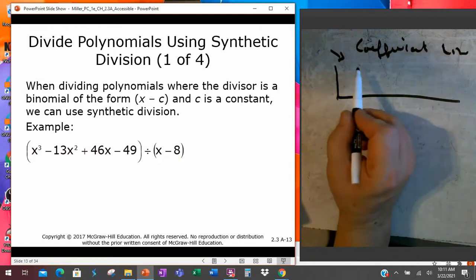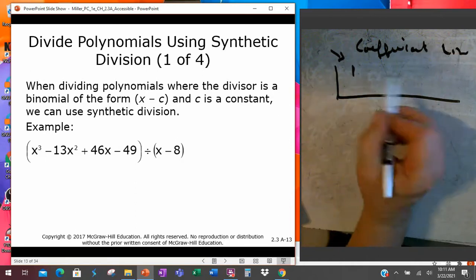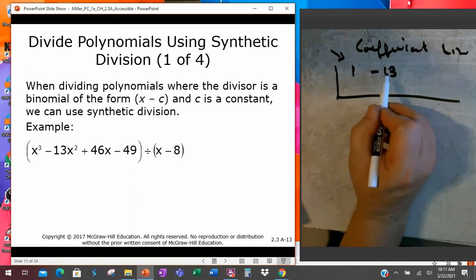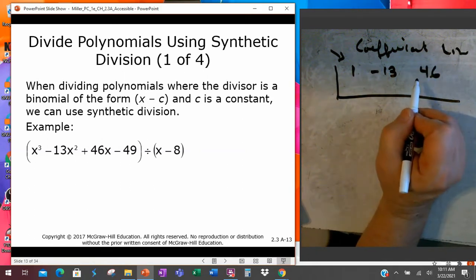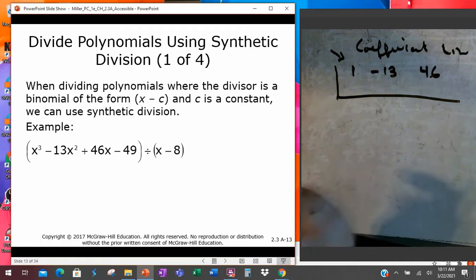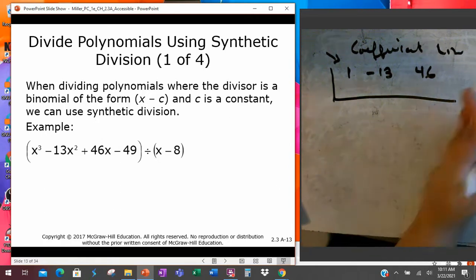So I'm going to write this out. So I've got an x cubed. That means 1x cubed. Minus 13 is my minus 13x squared. 46, that's my plus 46x. If I'm missing anything, I've got to make sure I put a 0 in here for those. Okay, and then minus 49.